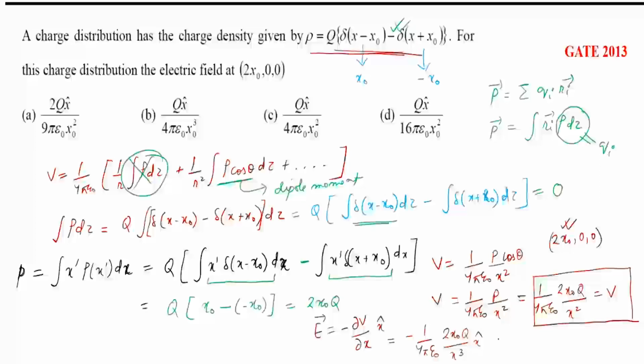This is the electric field. But in the question, it is asked that you find the electric field at 2x naught, 0, 0. So you have to substitute this x with 2x naught.